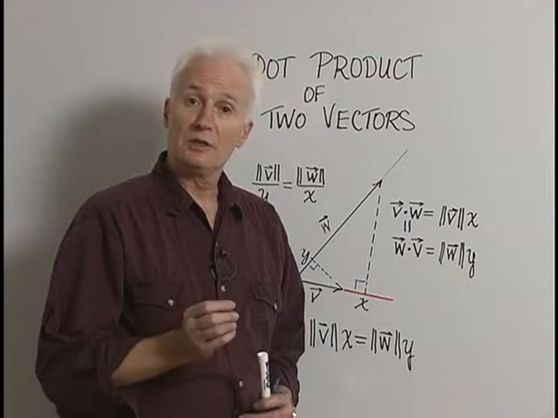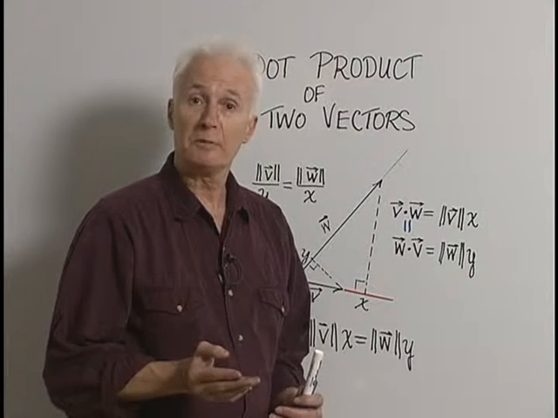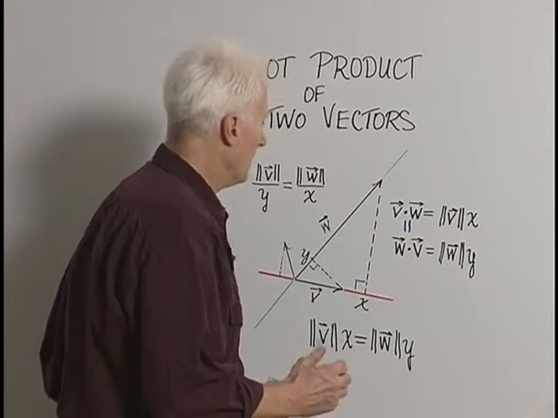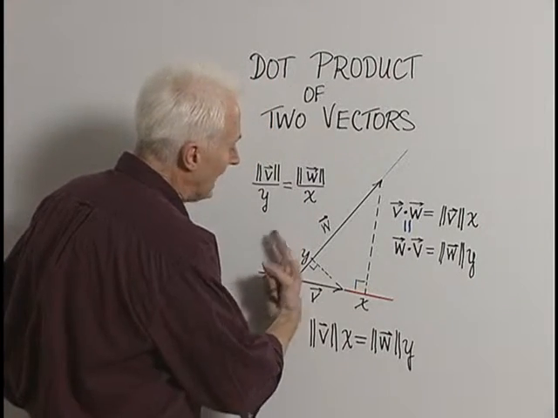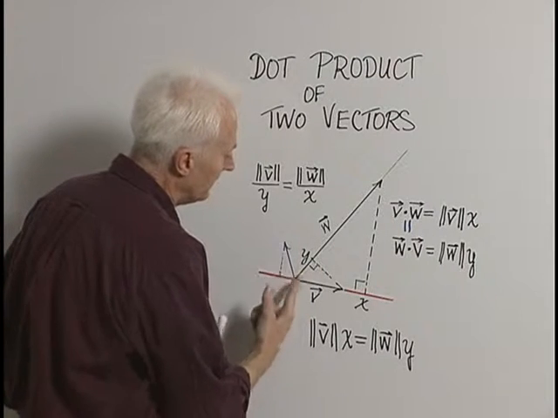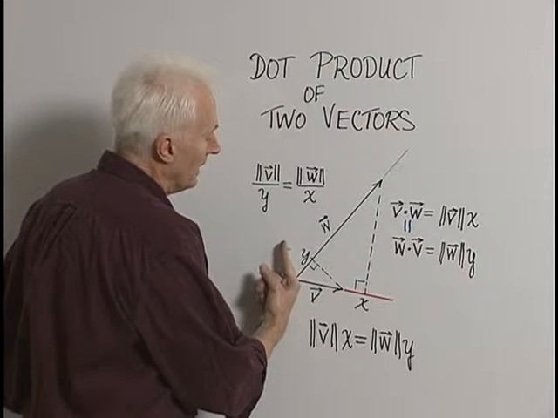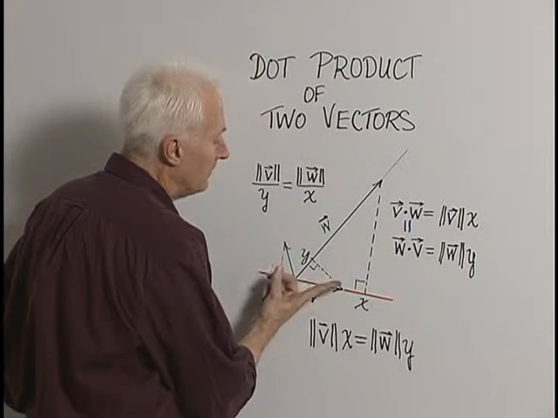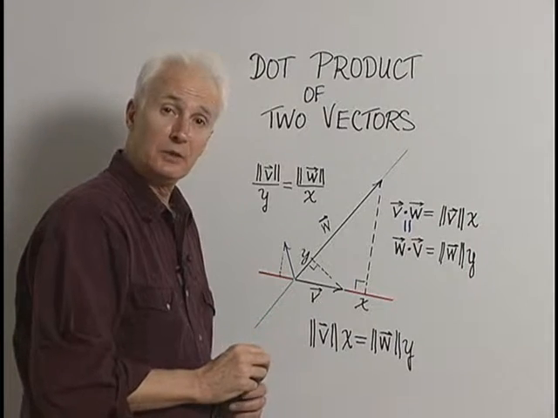Now the main use of this is that by looking at the picture we can instantly see a lot of properties of the dot product. For instance, suppose w actually leans back this way, so you see in this blue vector I've pictured here, it tilts back away so that the angle from v to the blue vector is more than 90 degrees.